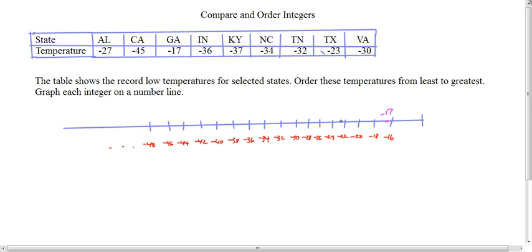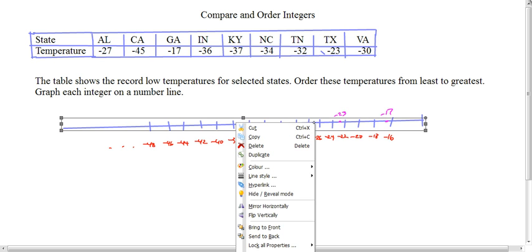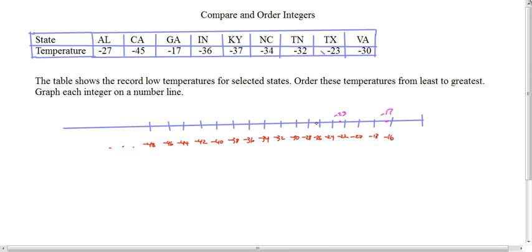Let's put a dot here and call it a -23. Then I see a -27. So there's 24, 26. Let's put a dot here and call it a -27.